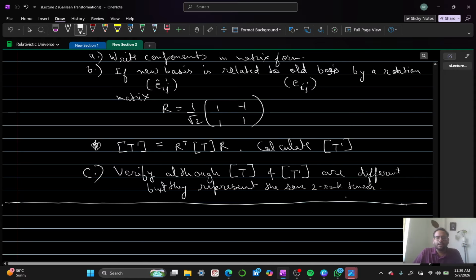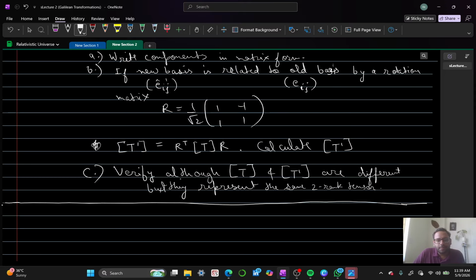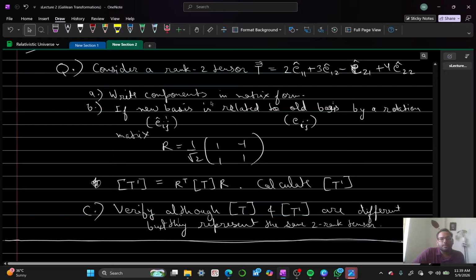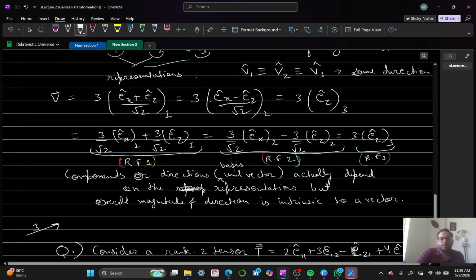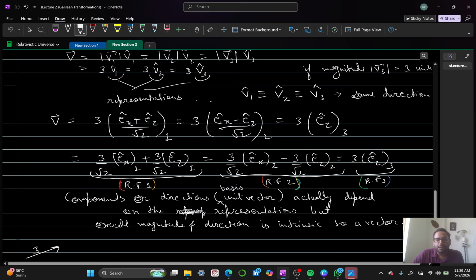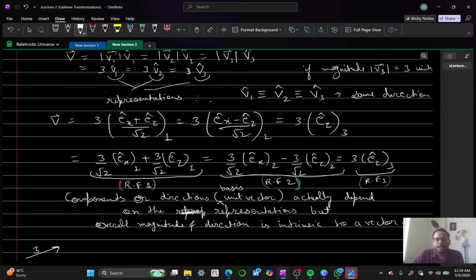Can you explain the B part of the question again? You just have to verify that these matrices, when you compute B, this is my new basis. Suppose this was my old basis, reference 2 is my old basis, and I do some transformation to this basis.